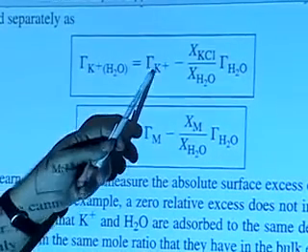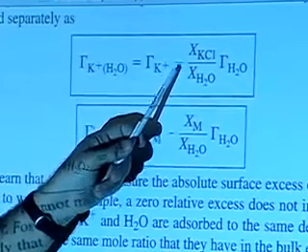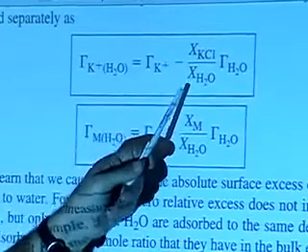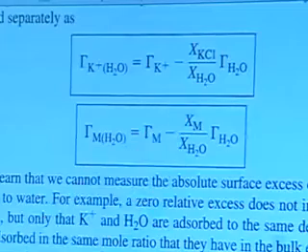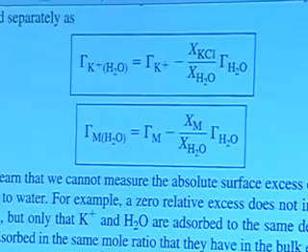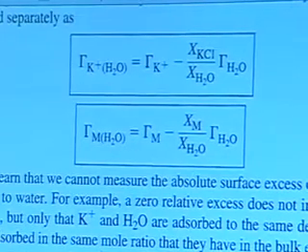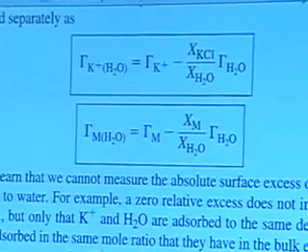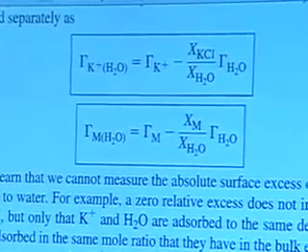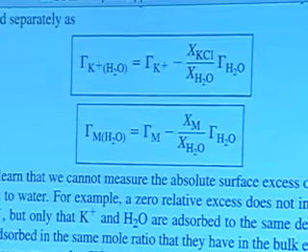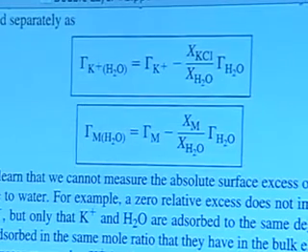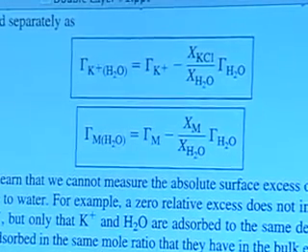It's the surface excess of potassium corrected for the mole fraction of KCl in water that you're using on that side times the surface excess of water. So if there were no surface excess, that doesn't mean that there couldn't be, in this fraction, excess of sodium or potassium in this case relative to its bulk.